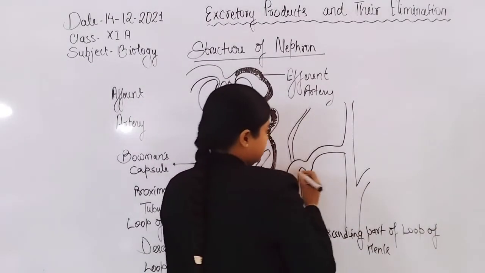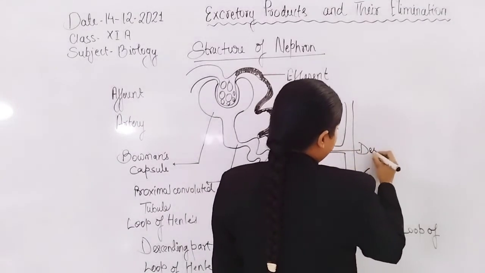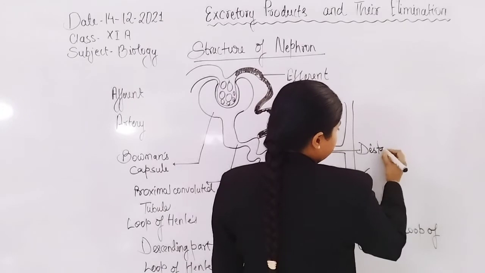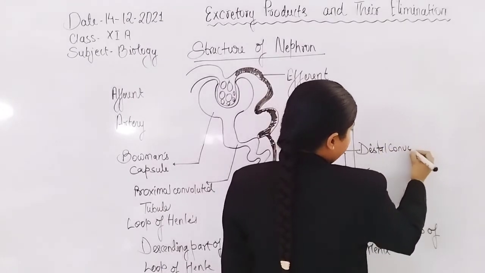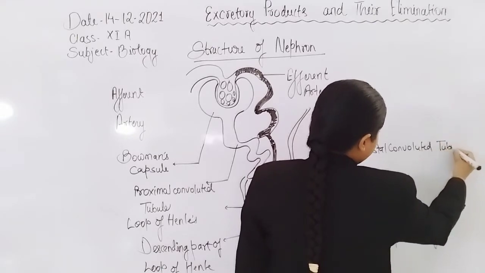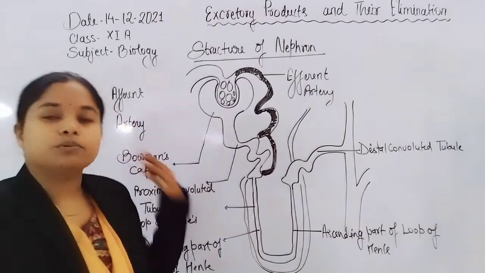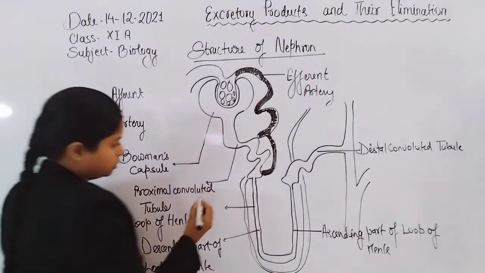And this ascending part of the loop of Henle continues into the distal convoluted tubule.